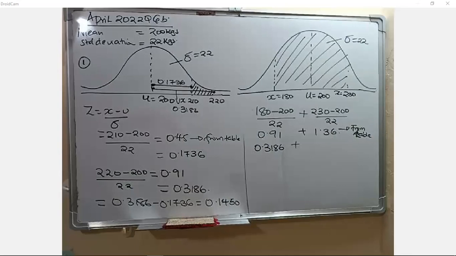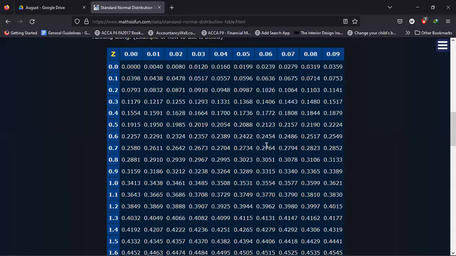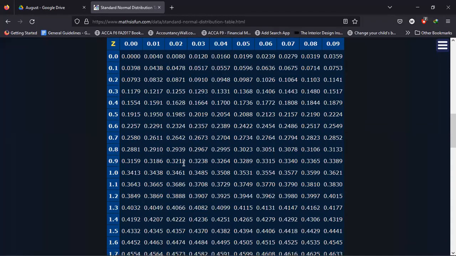Higher. We have discussed 1.36. 1.3 here. Then you run to 6, where the 6 falls. 0.4131. So let us go back to our board now.